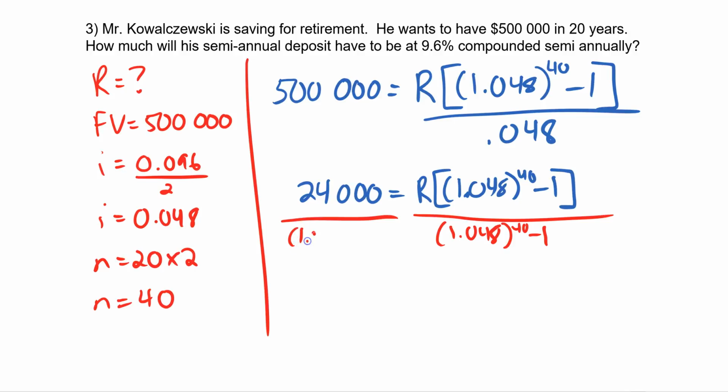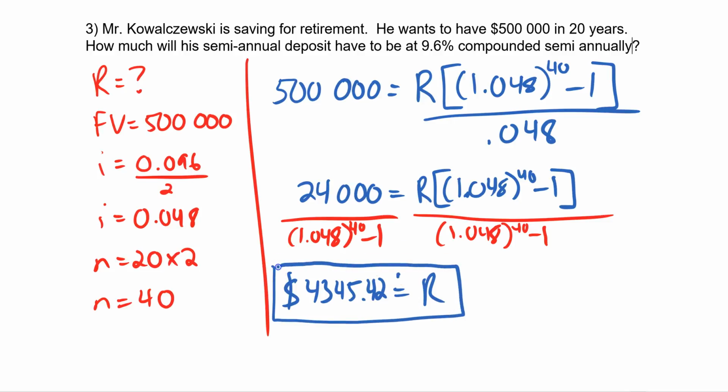If I do that on both sides, that will now have R isolated for me. So this leaves me with an answer of approximately $4,345.42. So that's how much I would have to invest every 6 months, or semi-annually, if I want to save $500,000 by retirement.